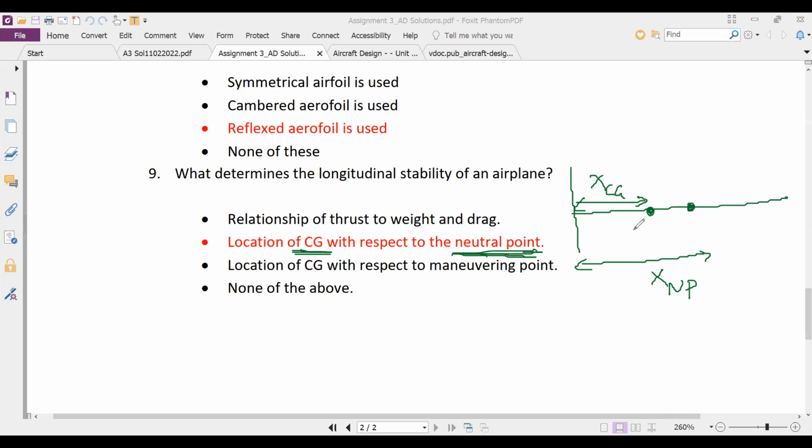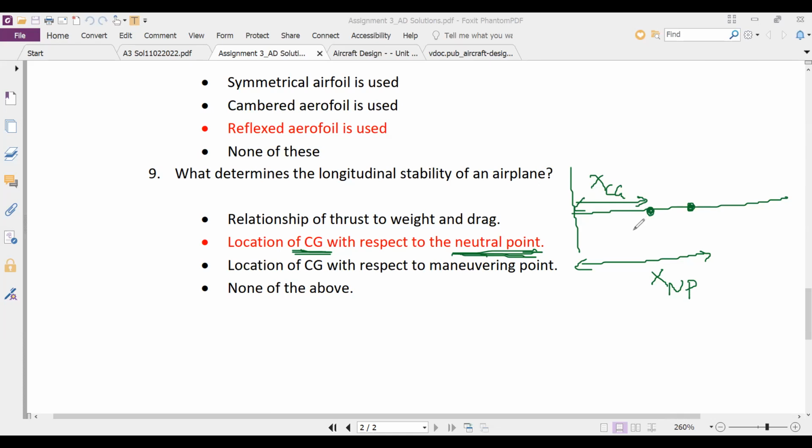Sir, if the center of gravity is beyond the neutral point, the aircraft is highly unstable, sir, because we need the aerodynamic center to be behind the center of gravity in order to stabilize the aircraft.